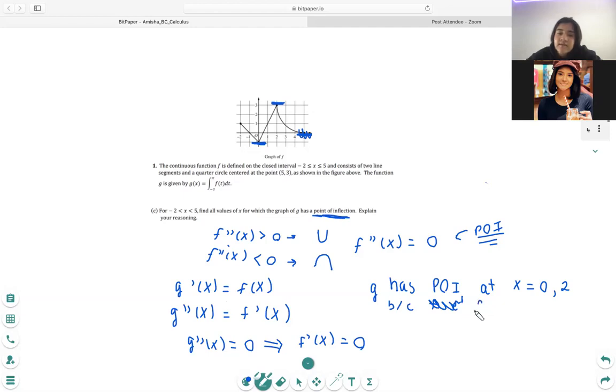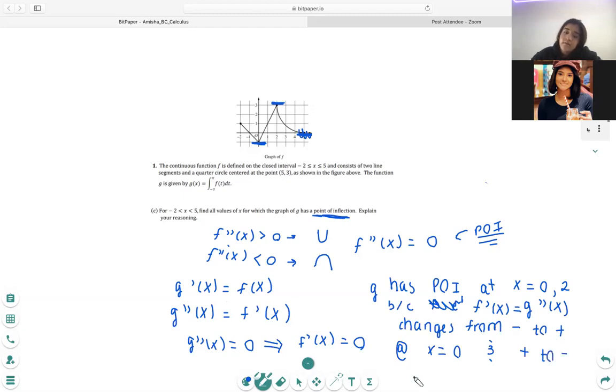So let's say because f prime of x equals g double prime of x changes from negative to positive at x equals 0 and positive to negative at x equals 2.